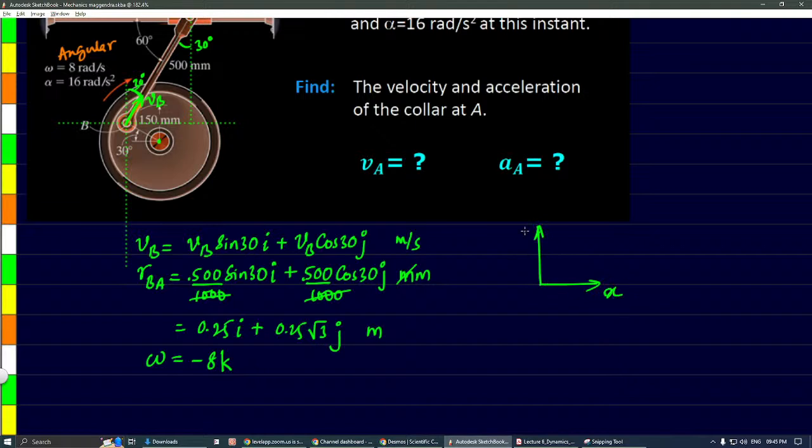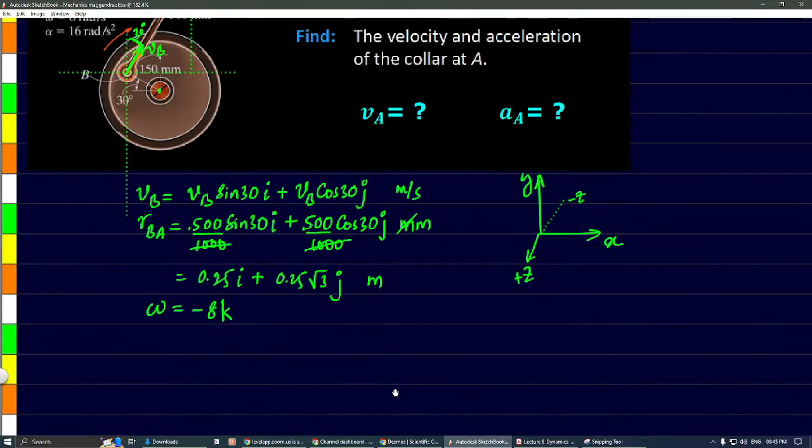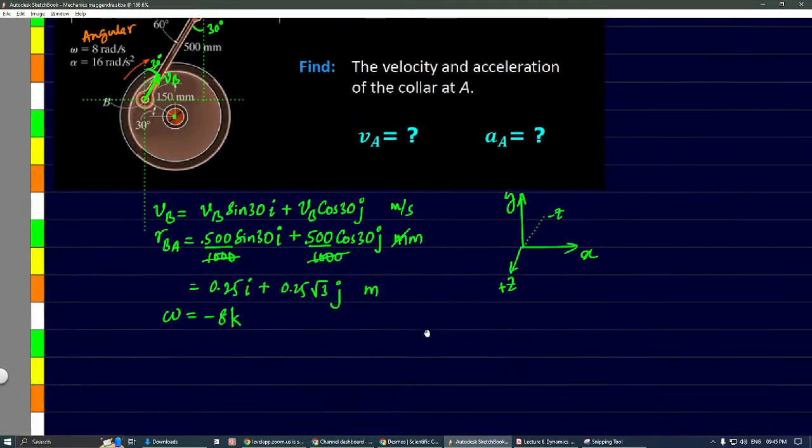If this is x and this is y, z will be towards us. So towards us, z is positive. And if it is pointing away from us, we have to take it as negative. In this case it is pointing away from us, so that's why we are taking it negative. All the conventions we need to take correctly.